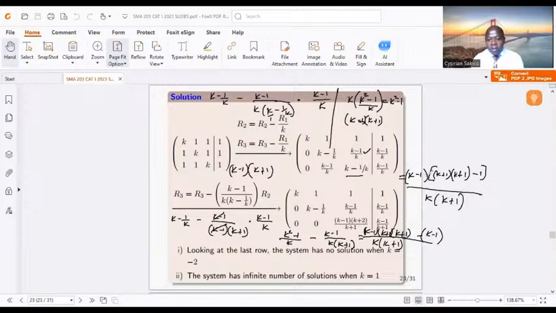So what does this numerator simplify to? The numerator simplifies to k minus 1 into, this will be k squared plus 2k, and then plus 1, and then minus 1. So this goes like that.